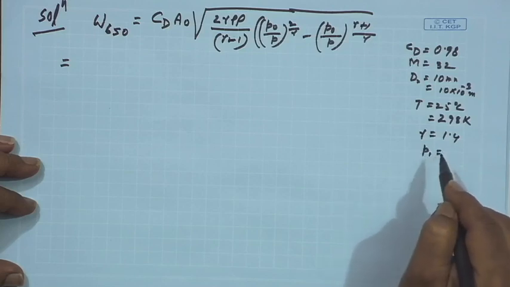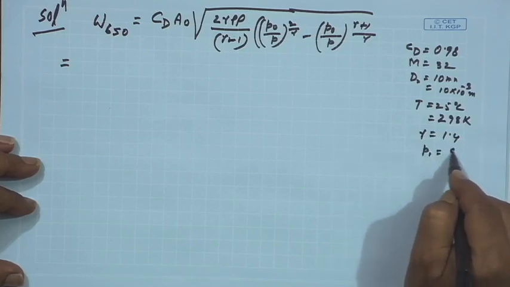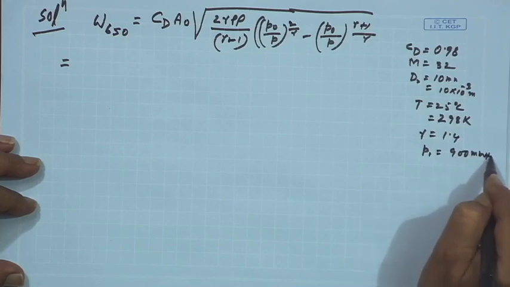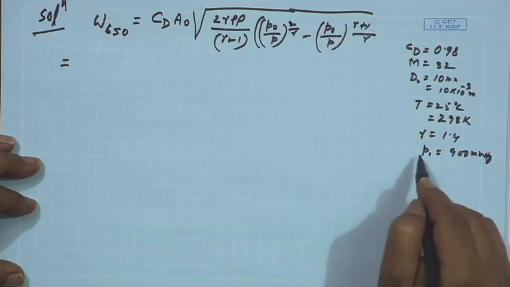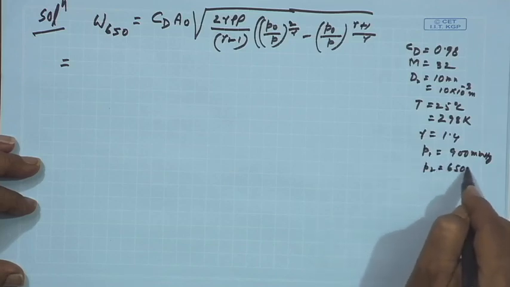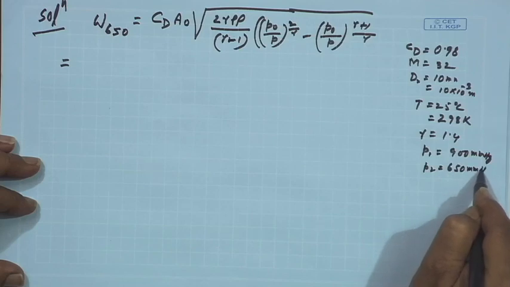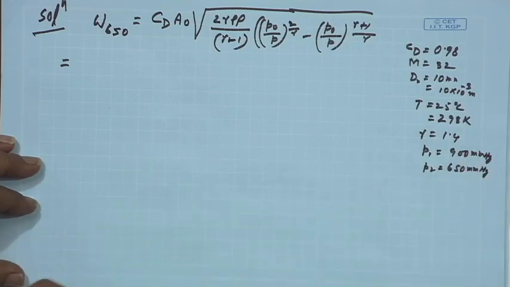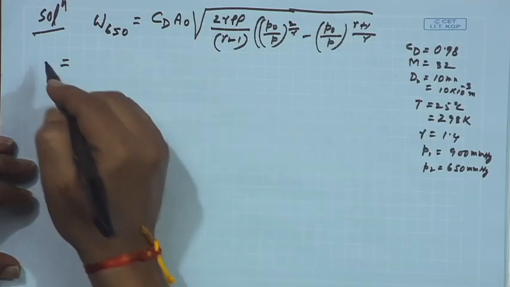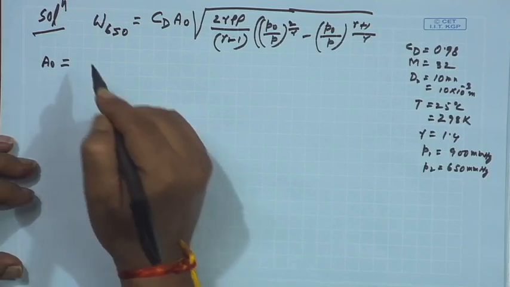Then P1 is given at 900 millimeter of mercury, and P2 is given 650 millimeter of mercury. Also we have to find out the value of A0.